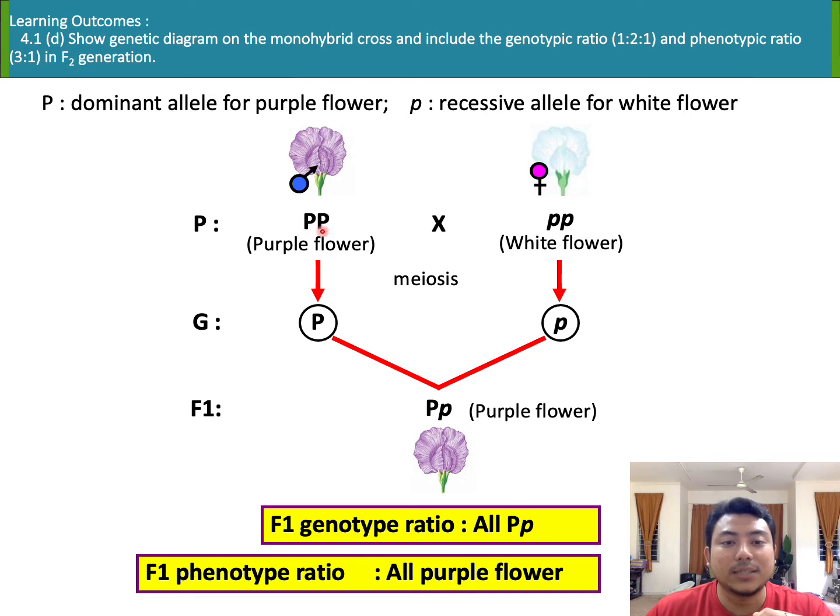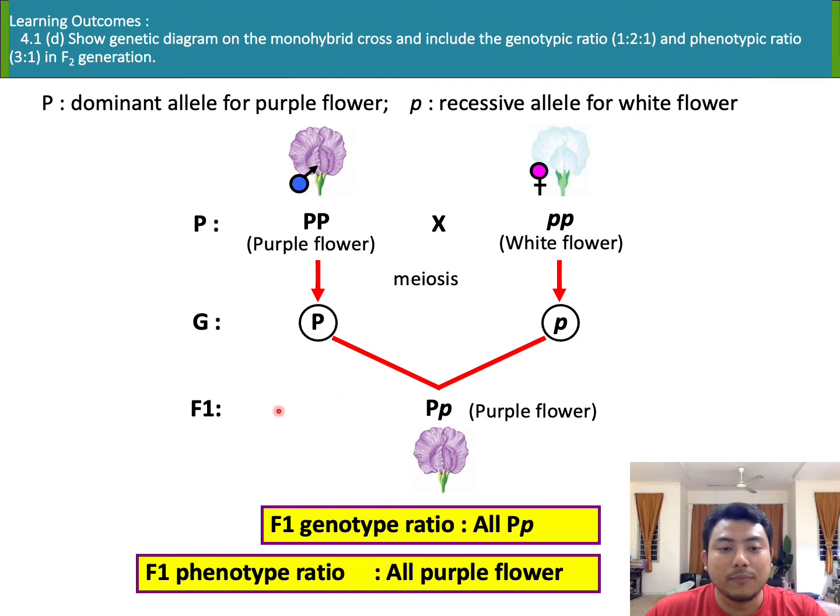So what is the genotype for the parents? You have big P big P for purple color, crossed with small p small p for white flower. What is G here? G means gametes, the possible gametes, the possible sperm. If male, it is sperm. If female, it is ovum. The type of sperm that can be produced by this purple flower is only the sperm carrying big P. Why? Because all of the alleles are the same, big P. So it is the same for this one, it can only carry small p.